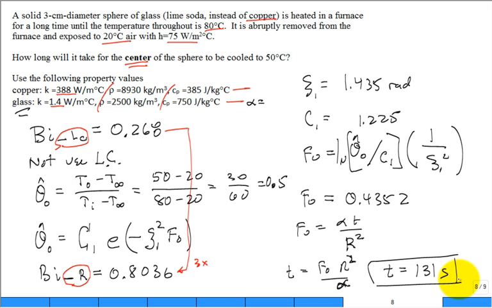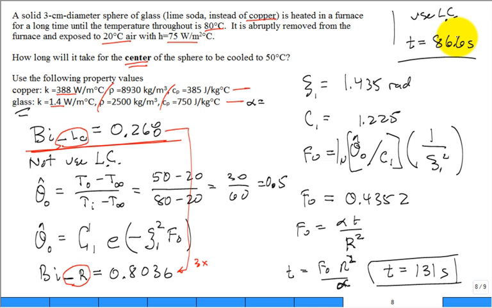Professor, what happens if you had just said, I don't care that the Biot number to check the validity of lumped capacitance is so high, I just want to use the lumped capacitance anyway? It'll give you a number. If you assume or use the lumped capacitance, which I just did to check it, you get a time of 86.6 seconds or 87 seconds.